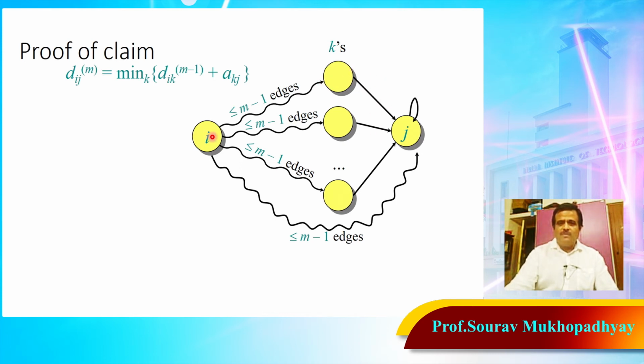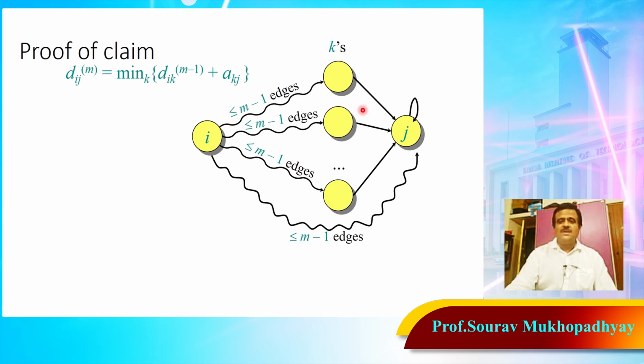So, from i to k, say this is the kth vertex, where k is varying from 1 to n, any vertex could be there, depending on how many direct edges there are to j. In this path from i to these vertices, we are allowed to take at most m minus 1 edges, because the total has to be at most m edges, that is the Dij m.